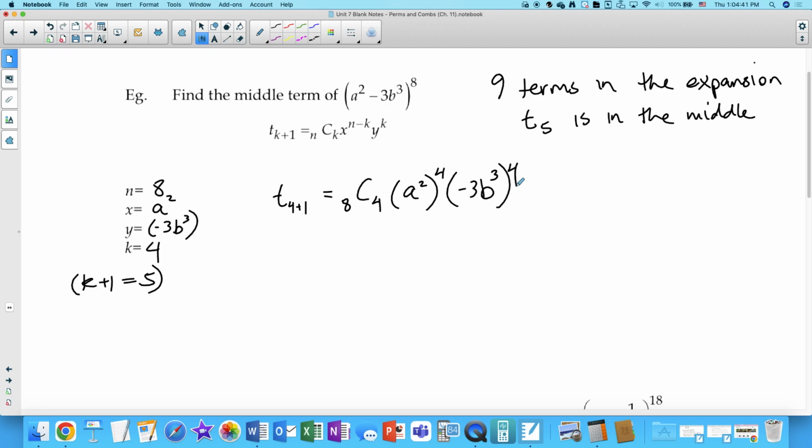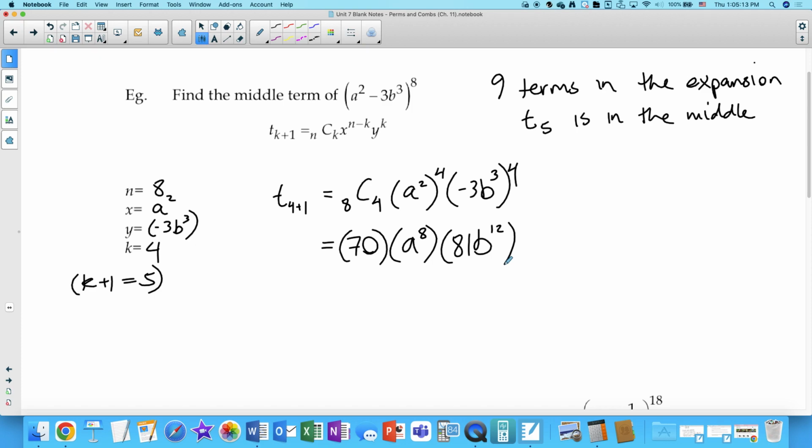Okay, and 8 choose 4 is 70. Okay, this is going to be a to the 8. And this one will be 81b to the 12. Is that right? Yeah. Okay, so all together.